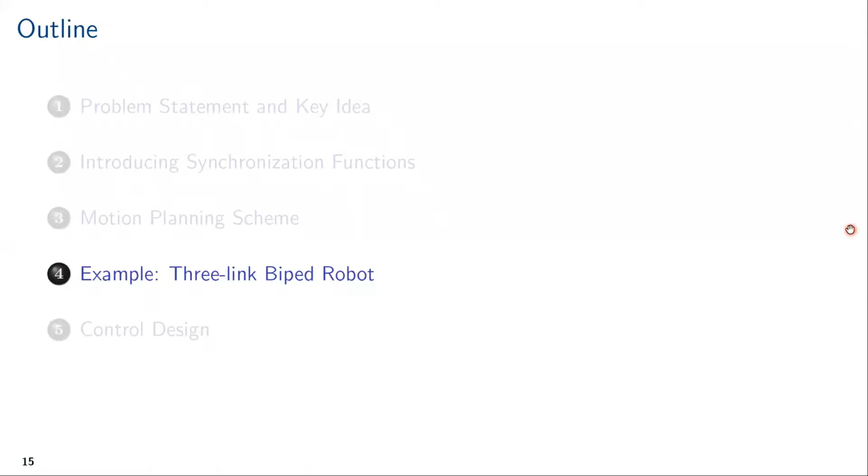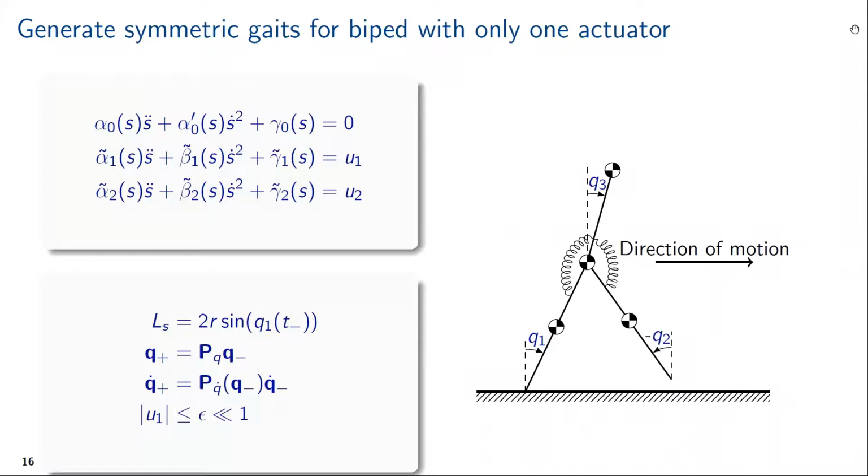So let's actually show that it works in an example by trying to find walking gaits, symmetric walking gaits, for this 3-link biped robot. That is, we want to find a symmetric gait of this biped robot in which the synchronization functions, parameterized in terms of s, are described as Bézier polynomials.